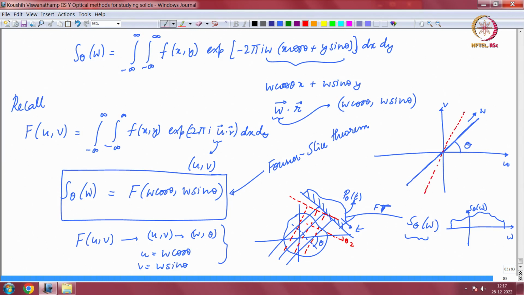So now you know the value of the 2D Fourier transform along this line. Then you rotate it a little bit more, take another projection, take a Fourier transform, get s theta for that particular theta, and you will get another slice in the Fourier space.